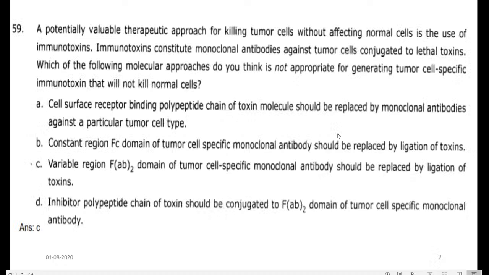Okay, this is the first question. A potentially valuable therapeutic approach for killing tumor cells without affecting the normal cells is the use of immunotoxins. So, the potentially valuable therapeutic approach is using immunotoxins.